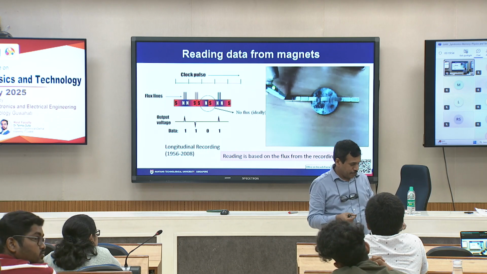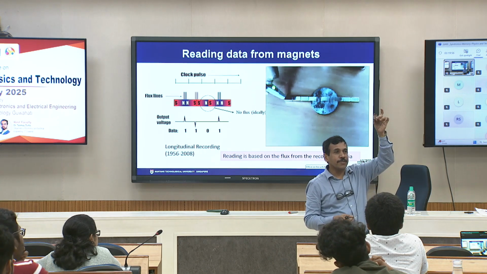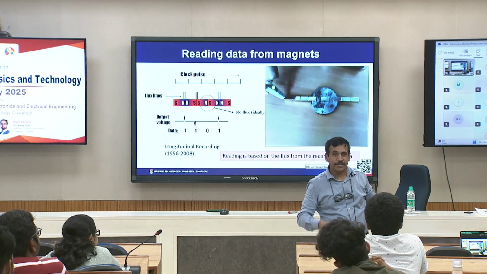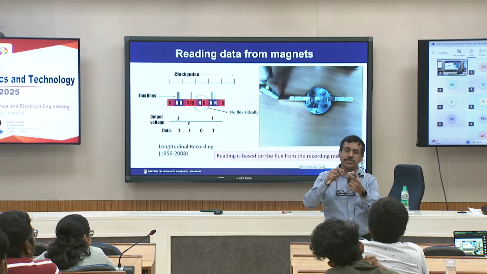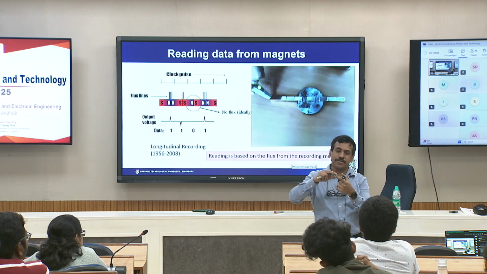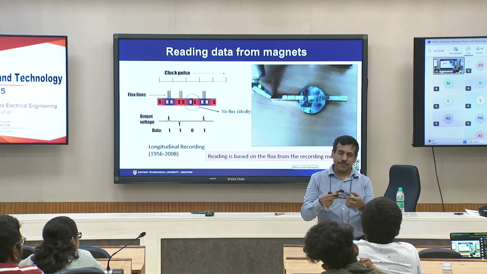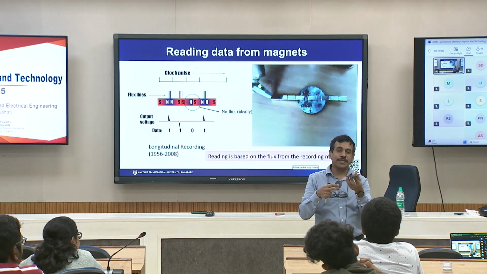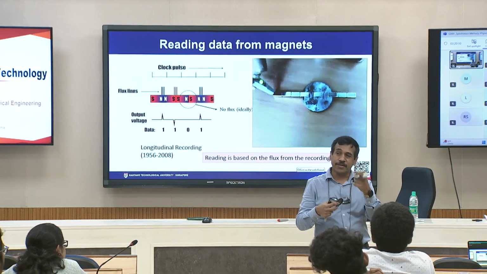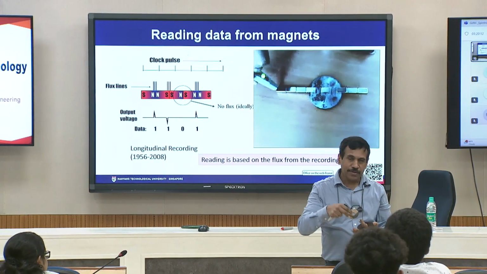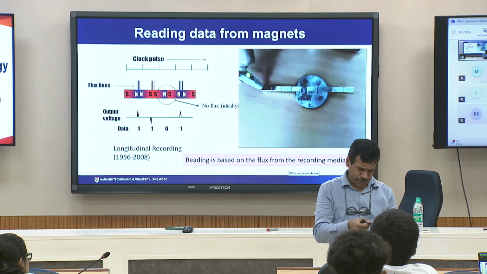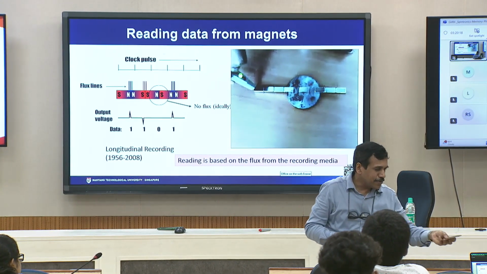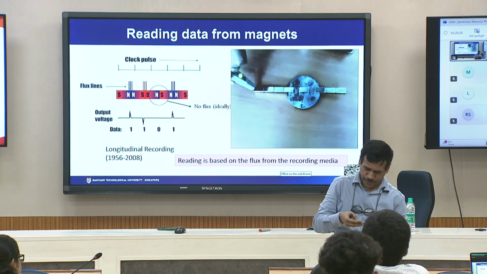This is an aluminum substrate and this is a glass substrate. Glass is used because it is rigid and does not cause any waviness, but aluminum does. If the disc is very thin and you rotate it at high speed, it can cause waviness and it can cause a crash of the disc. So, that is one thing I want you to have a look at, you pass it around.